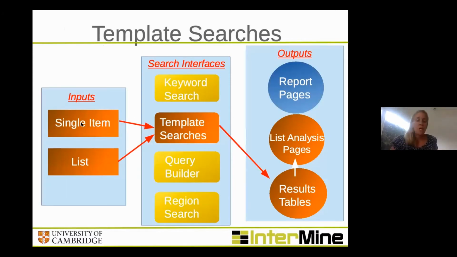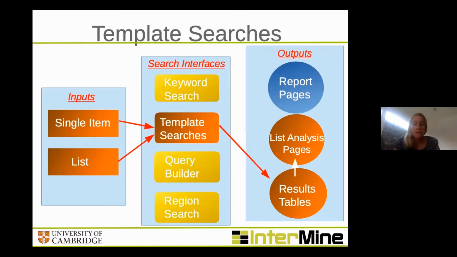We've pretty much covered how you can use InterMine to explore data for a single item or a list of items, either by exploring through the report pages or by creating a list and looking at the list analysis pages. Now we're going to look at more detailed analysis and how you can ask more specific questions about the integrated data.